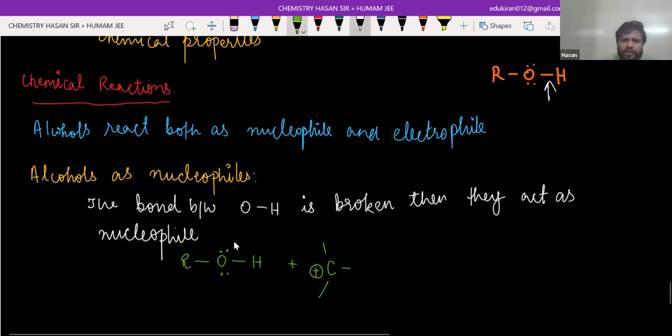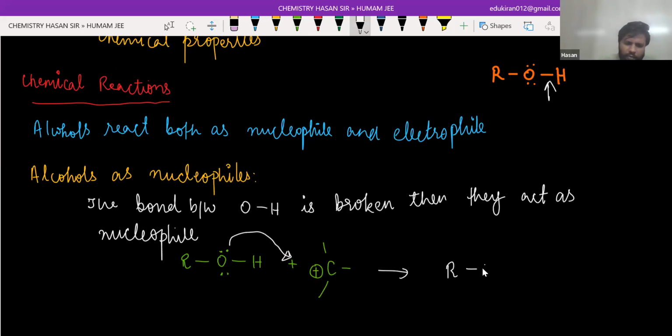You can see that oxygen has lone pair, so it will be attacking on this, and you will be getting RO, hydrogen is there. Since oxygen donated electron, it will have positive charge. It has two lone pairs, and then one more lone pair.